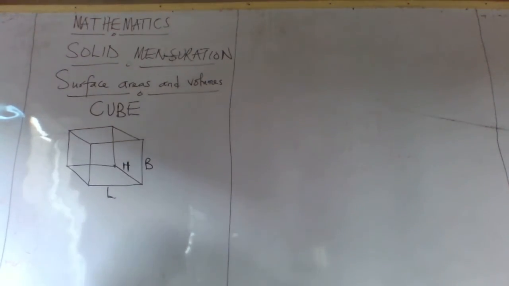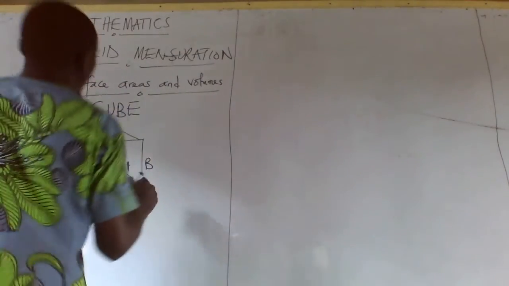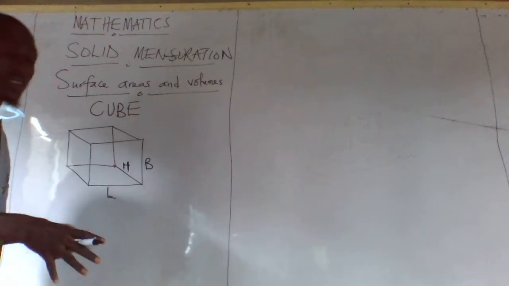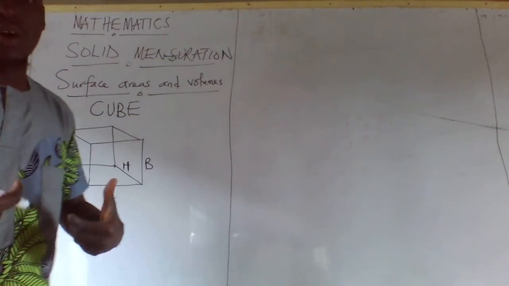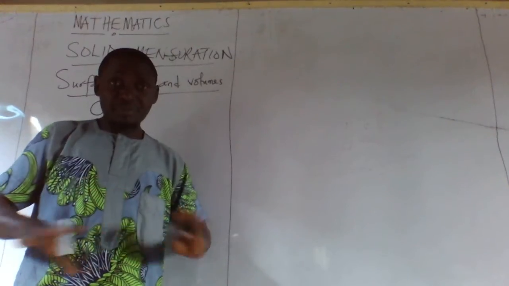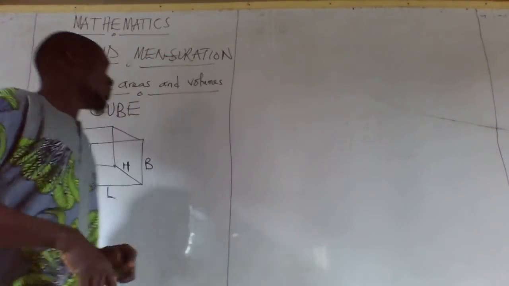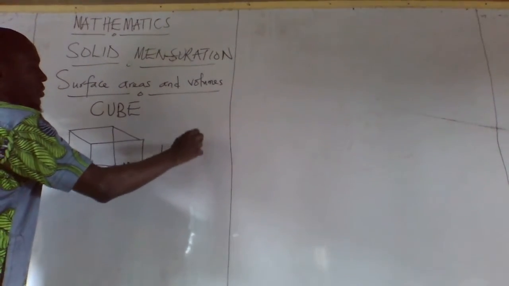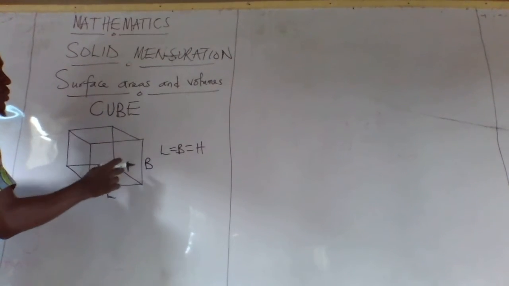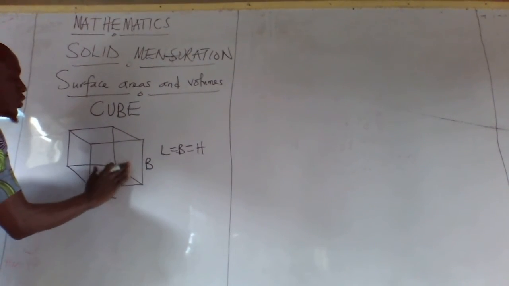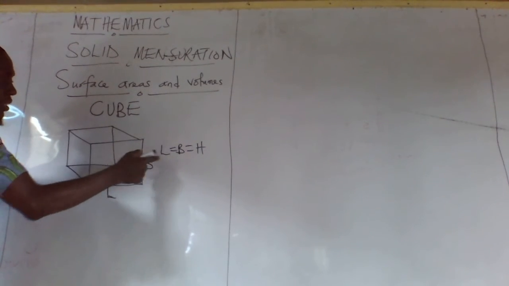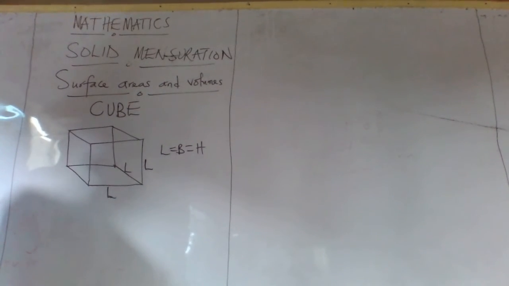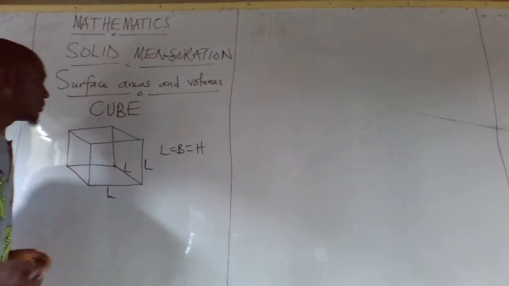But you will see that all the sides are composed of squares. This is a square, this is a square, and we know that all the sides of a square are equal. So since the sides are equal, we say length equals breadth equals height. So we need not write h and b here; we can change the length, breadth, height to length, length, and length. So we have a cube.